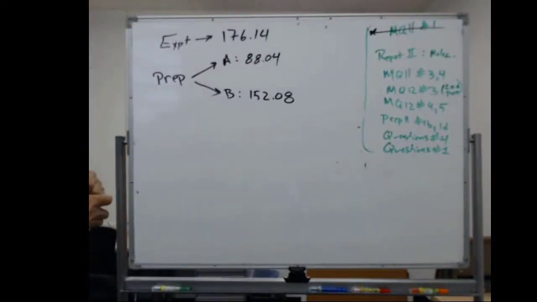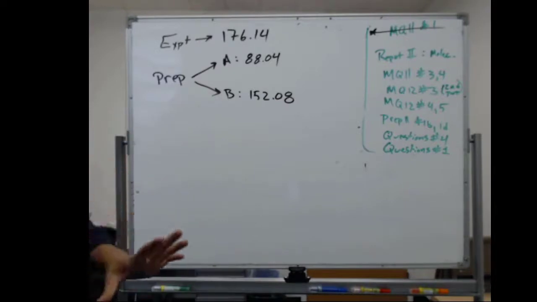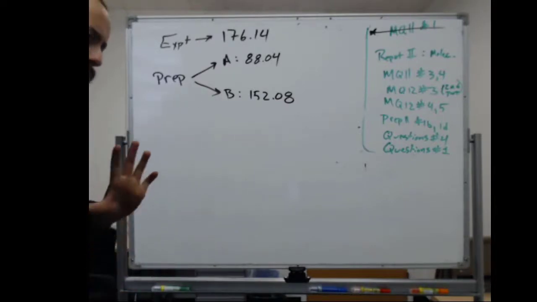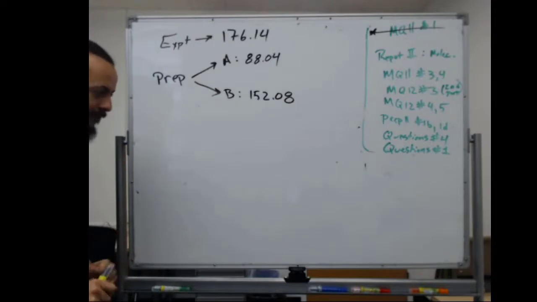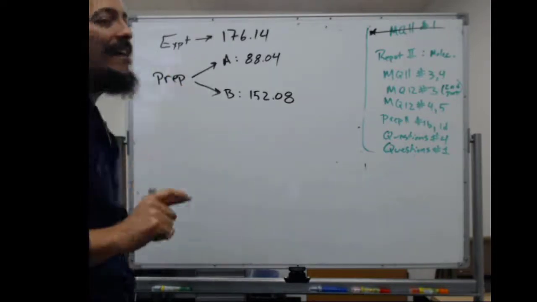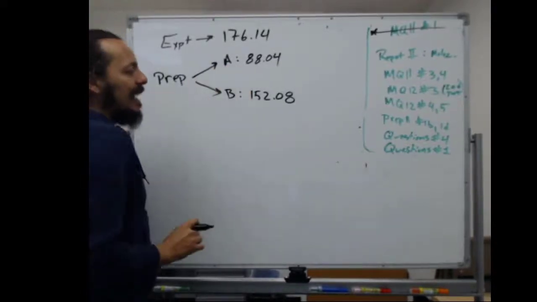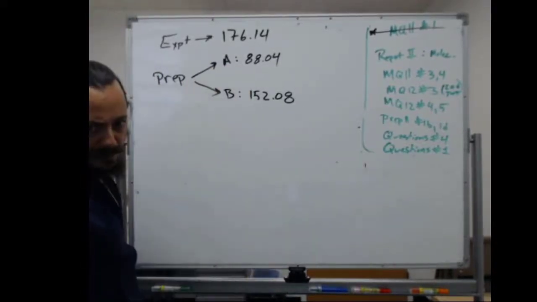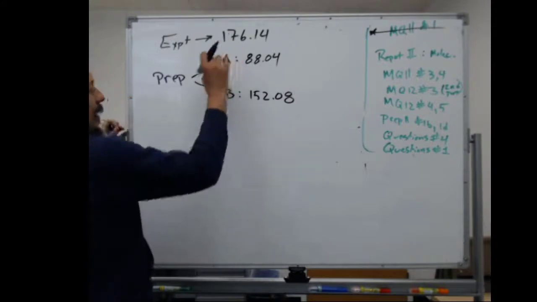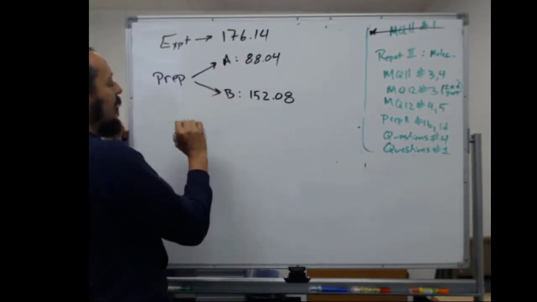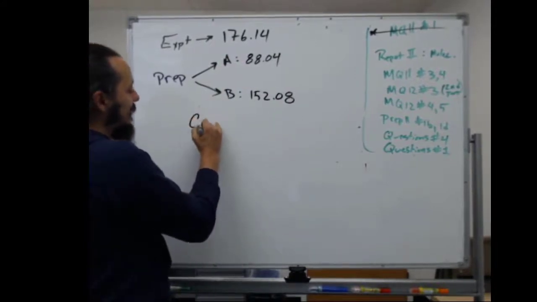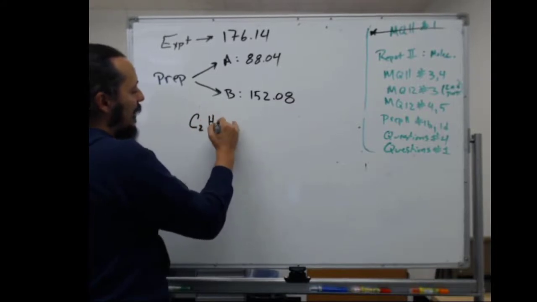Okay, so what did you put for your answer? Well, that's where I got stuck. I didn't know where to go with that. Okay, so here's the important thing to remember. When we're looking at an empirical formula, I'm going to make up something different than what we have in our acid A, acid B. I'm going to make an empirical formula that's like C2H4O.